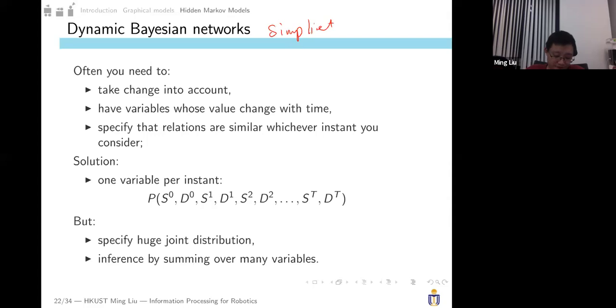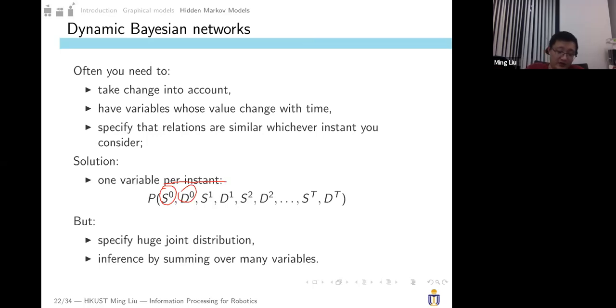Okay. By checking that, we know that, for instance, if you have one variable, we want to know about the states, and then we want to know about the observations, right?